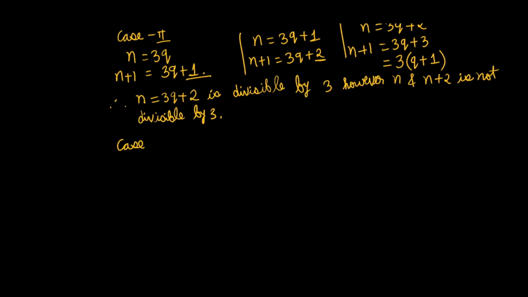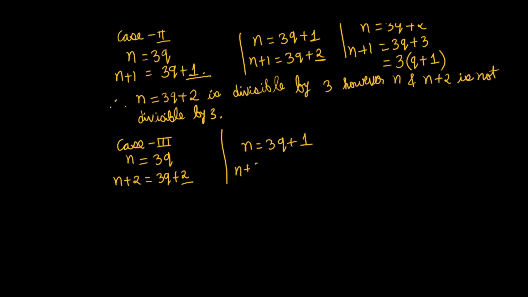Case 3. n is equal to 3q. So add 2 to both sides. So 2 is the remainder, so it is not divisible. n is equal to 3q plus 1.